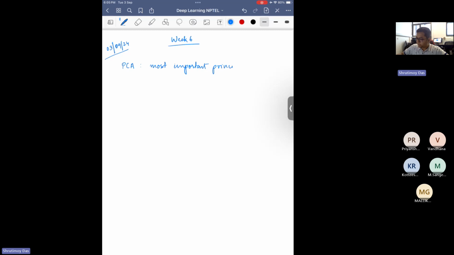By important principal components, we mean the components which preserve variance along the most important directions. Right.